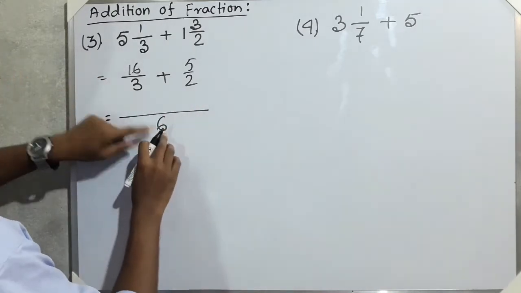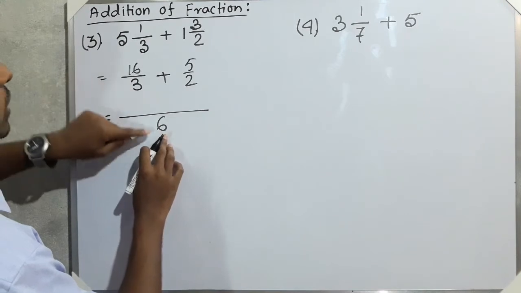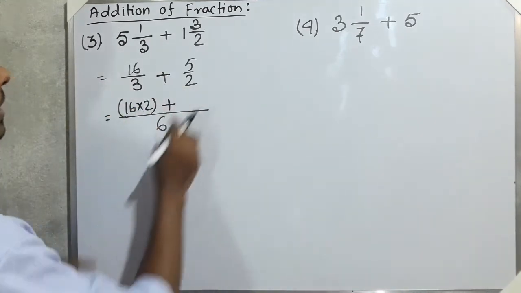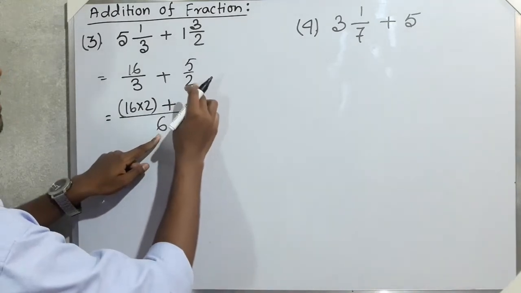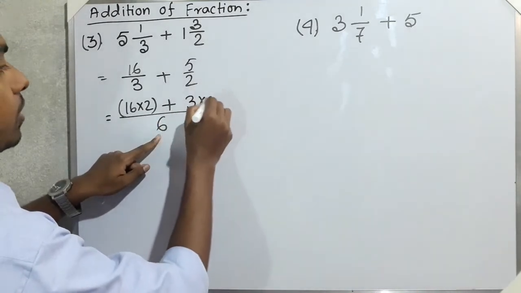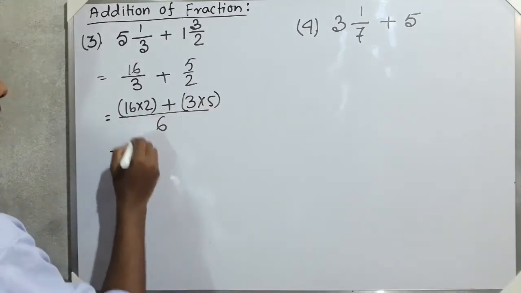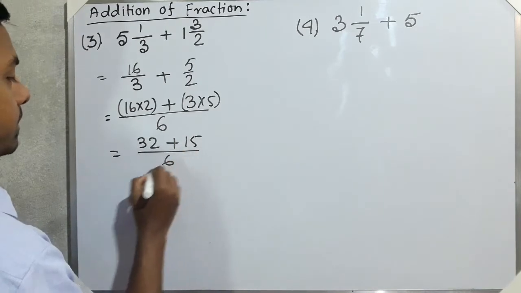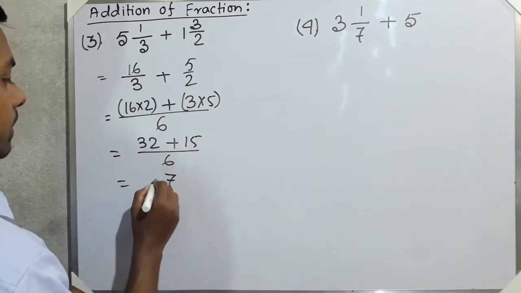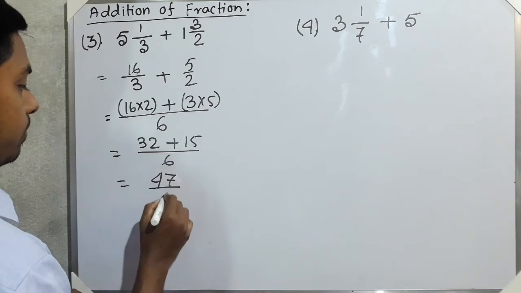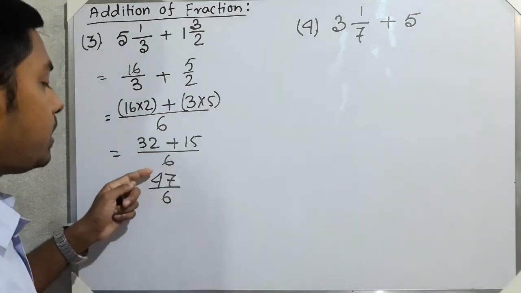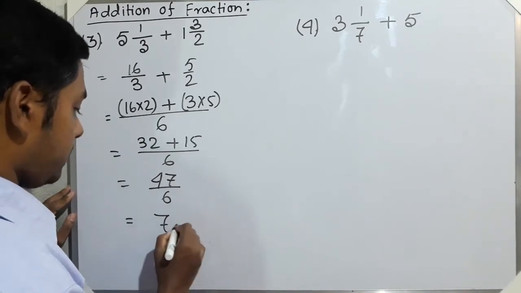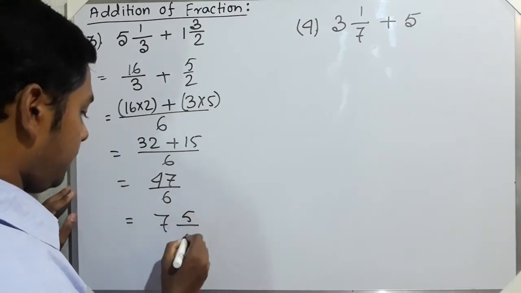Now divide 6 by the first denominator, 3 twos are 6, so 16 into 2, then plus, 6 divided by 2, that means 2 threes are 6, so 3 into 5. 16 twos are 32, 5 threes are 15, by 6, 47 by 6. Now the denominator is less than the numerator, so you have to convert into mixed fraction again. So 7 sixes are 42, 5.